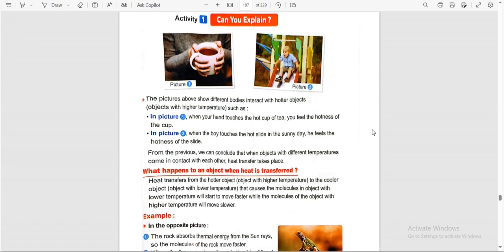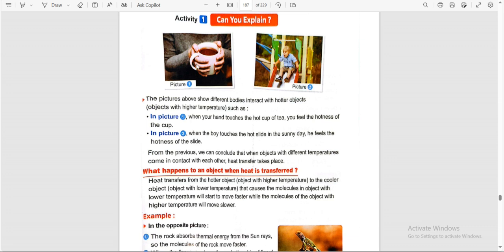So let's take a look at these two pictures here. This is a person holding a hot cup of tea or maybe hot chocolate or something. So how is the heat moving in this picture?